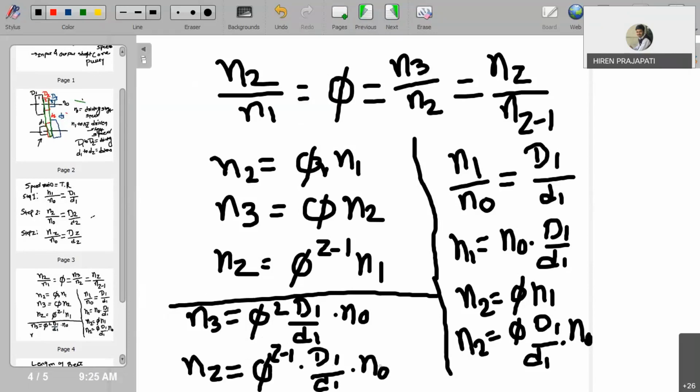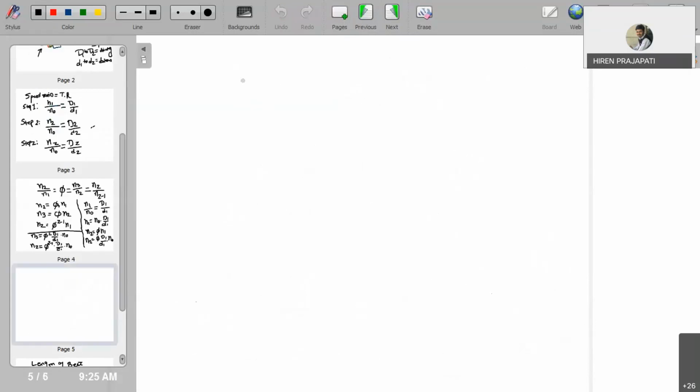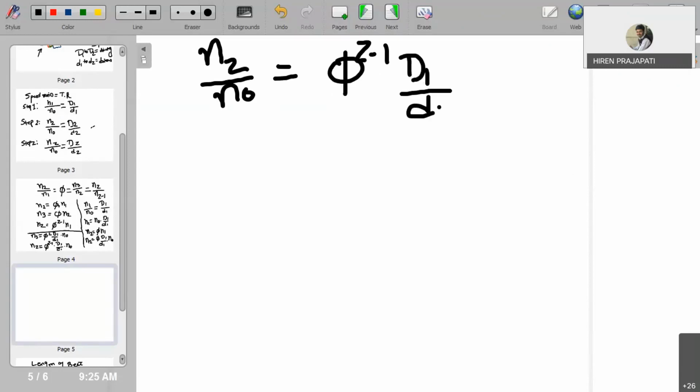I hope this equation is clear. So nz is equal to phi, which is the geometric progression constant, raised to z minus 1 into capital D1 by small d1 into n0. Right? Now if you look, nz by n0 is equal to phi raised to z minus 1 into the input pulley diameter ratio of the first set of pulleys.